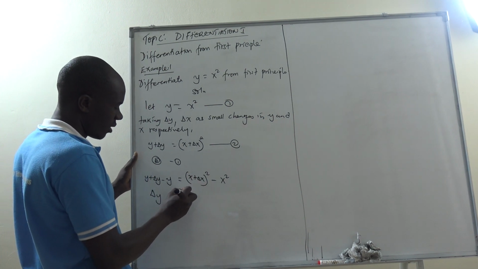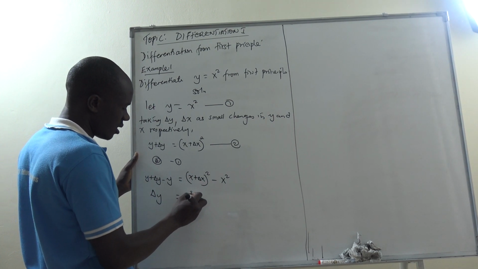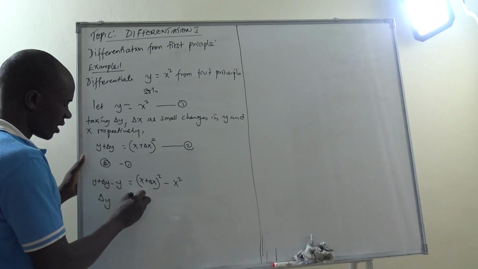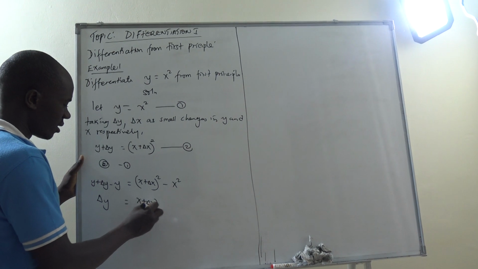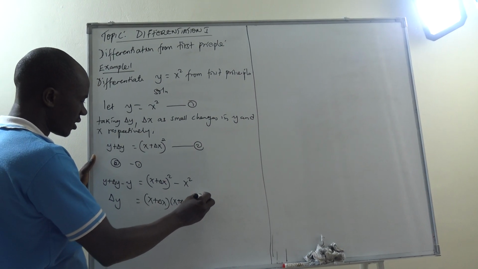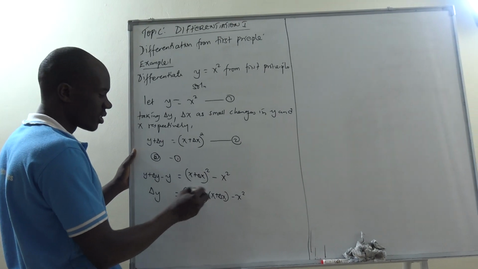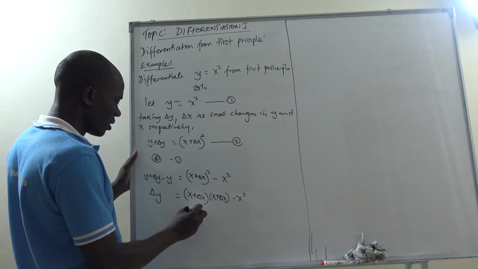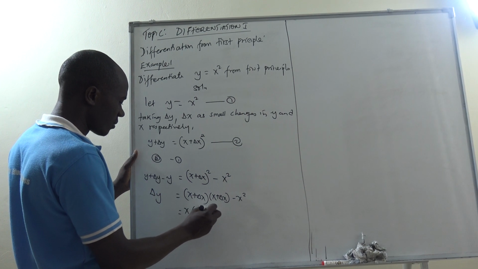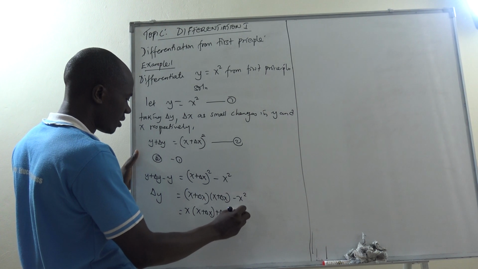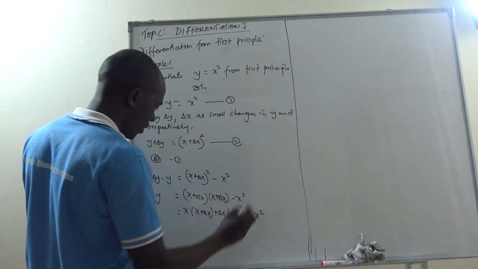Expand this one, this is the same as x plus delta x, again into x plus delta x, minus x squared. We take x into the second bracket, which becomes x into x plus delta x, into x plus delta x, minus x squared.